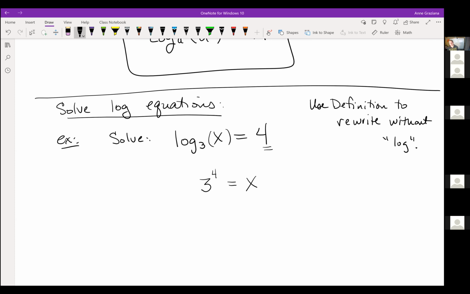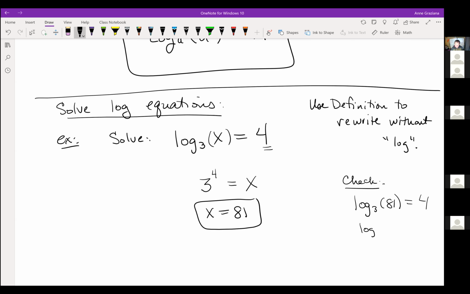So an equivalent statement is 3 to the power of 4 is equal to x, which means that x is 81. And this is really easy to check, because if I do log base 3 of 81, the power is 4. So log base 3 of 3 to the 4th. See? Any questions?